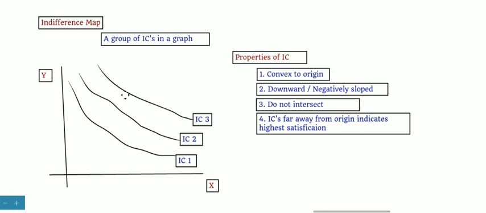We have seen in our example that the marginal rate of substitution, or the slope of the indifference curve, is minus 4 or minus 3. So that is negatively sloped. The slope will always give a negative value. That is why the second property is they are negatively sloped, and they do not intersect.